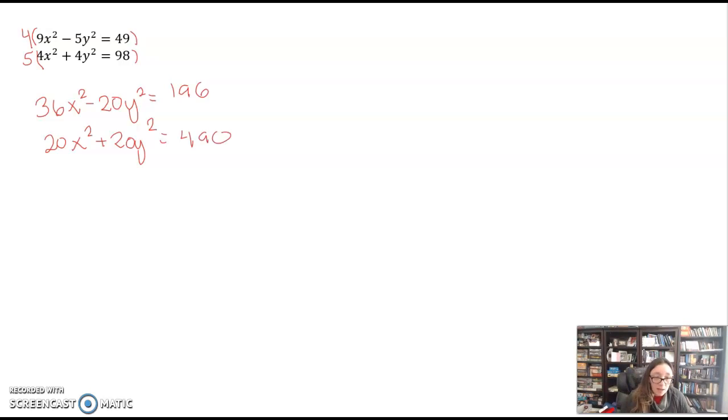Okay, now I'm going to add those things up. So I got 56x squared, negative 20 and positive 20y squared cancel, equals, and then right here, I get 686.